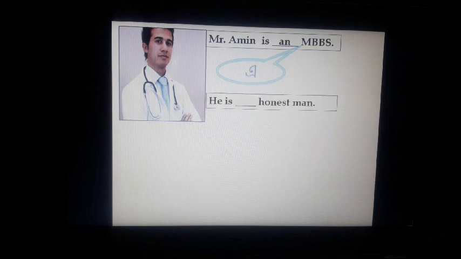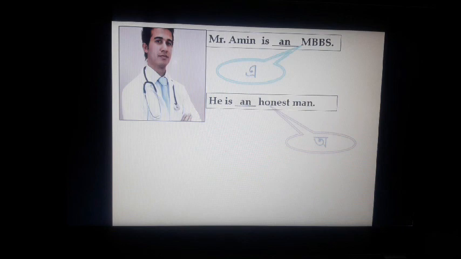Now let's say one again. He is an honest man. Then we have to use an. Why? Because here the consonant letter H is silent. The pronunciation has started with a vowel sound.